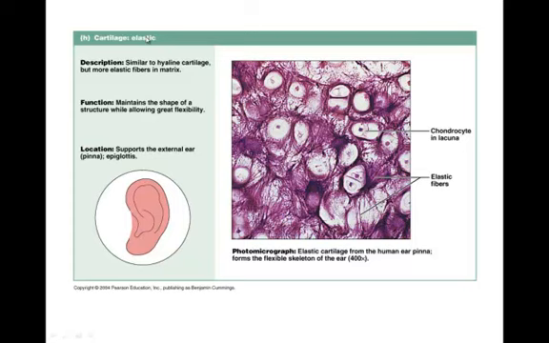Now here's elastic cartilage. We only find it in two places, the ear and the epiglottis, and it has great flexibility. So that's its function, flexibility. In the epiglottis, it prevents you from dying every day, so that's a good thing. Here are our little set of owl eyes right here. And see the little elastic fibers?